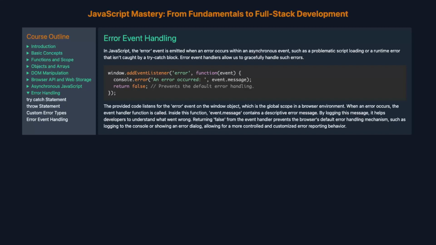Inside this function, event.message contains a descriptive error message. By logging this message, it helps developers to understand what went wrong. Returning false from the event handler prevents the browser's default error handling mechanism, such as logging to the console or showing an error dialog, allowing for a more controlled and customized error reporting behavior.